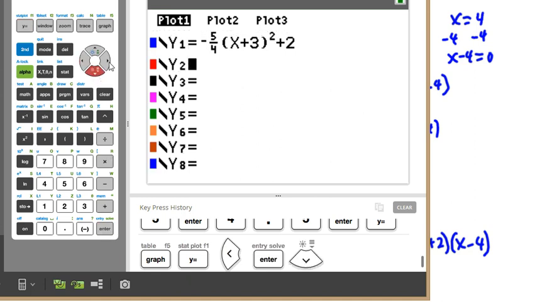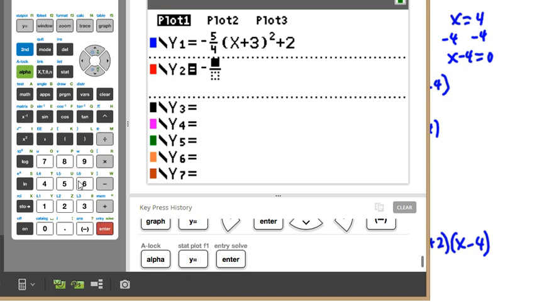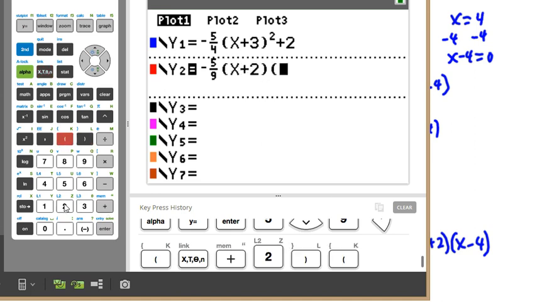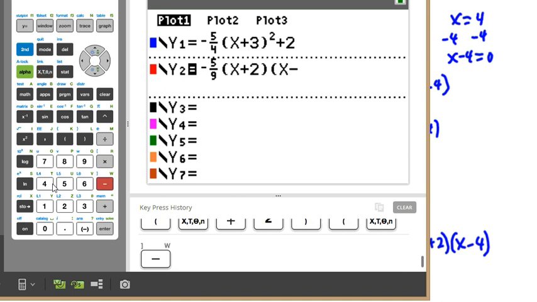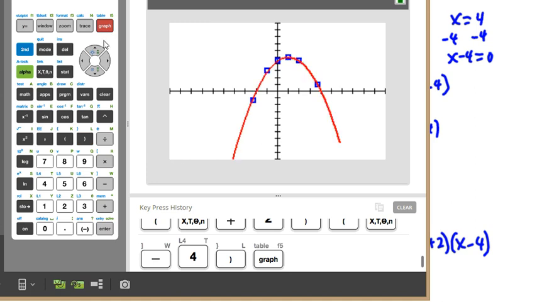So we have negative 5/9 times quantity x plus 2, x minus 4. So we have x plus 2, x minus 4, close parentheses. Let's see what this looks like. So quite a good match. Okay, so that's going to be right.